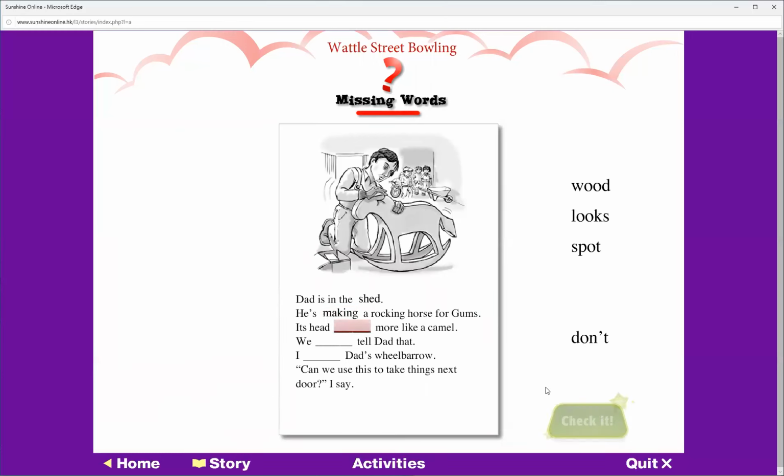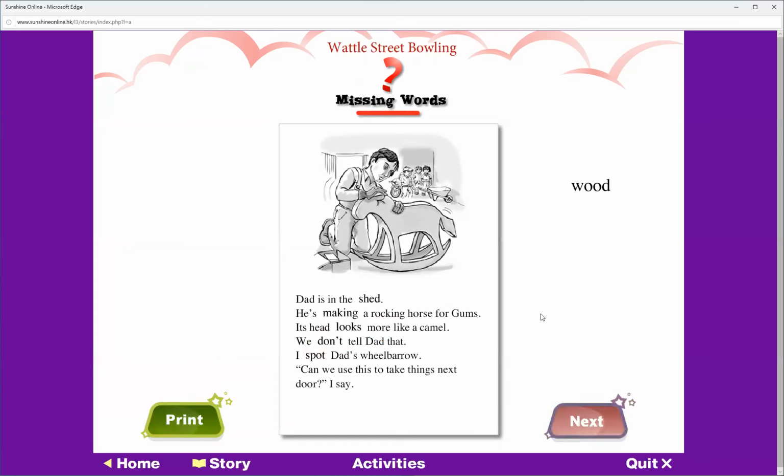Brilliant. That's great. They're all done. Click on Print to print your missing words page, or click Next to finish.